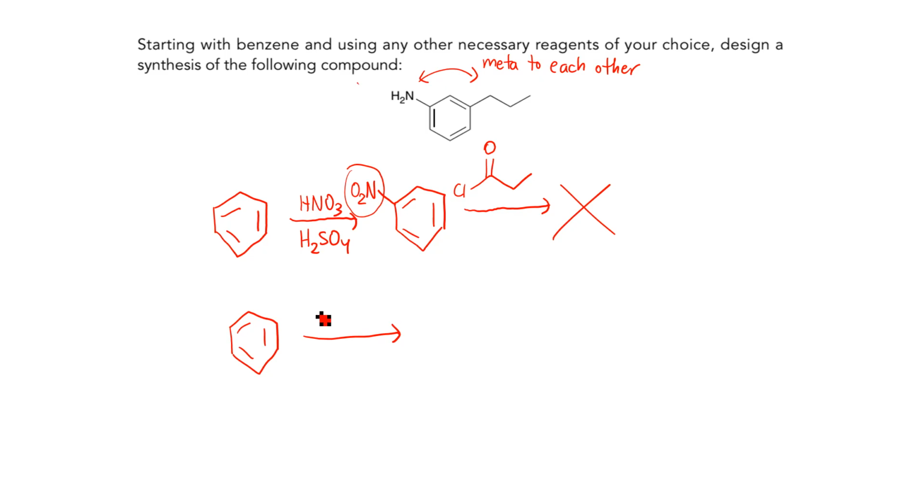So why don't we add the alkyl group first? Notice that it's 3 carbons, 1, 2, 3, 1, 2, 3. We need a Lewis acid, AlCl3, right? I forgot about that.